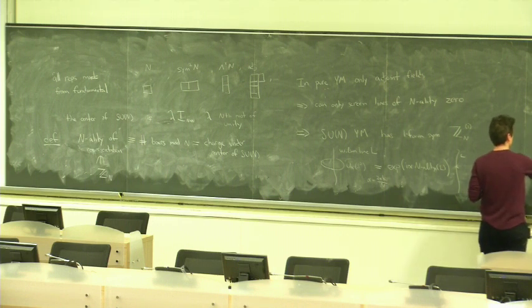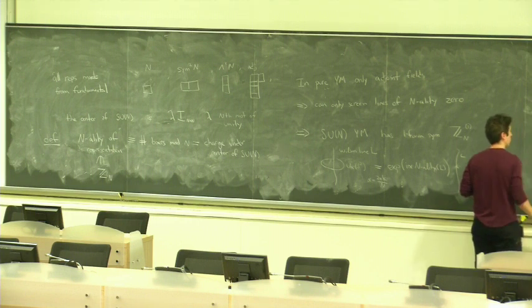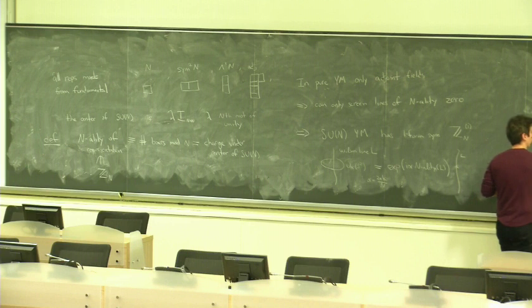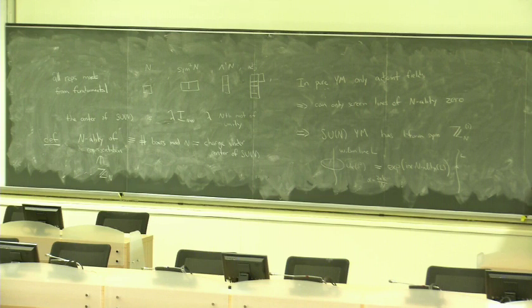So what will be the punchline? The punchline is that we have this one-form symmetry, Zn, and if it is spontaneously broken, this will turn out to be synonymous with saying that the theory is deconfined.